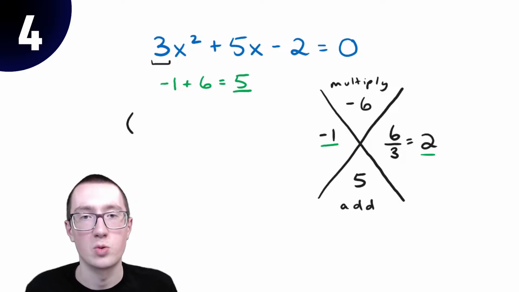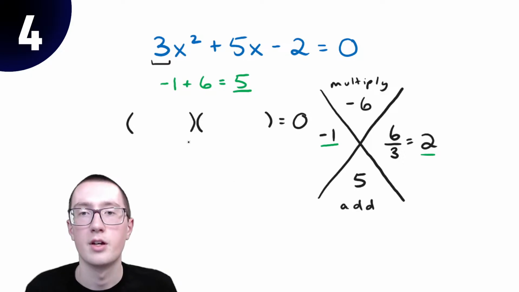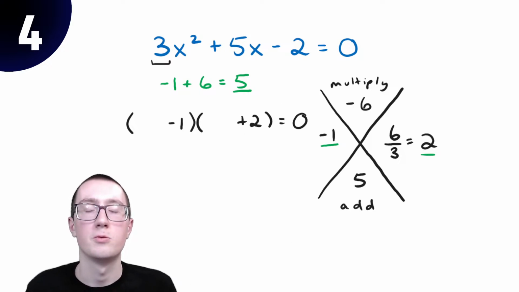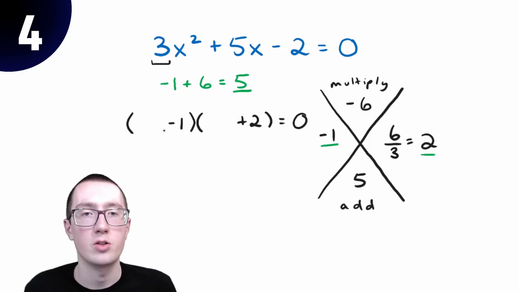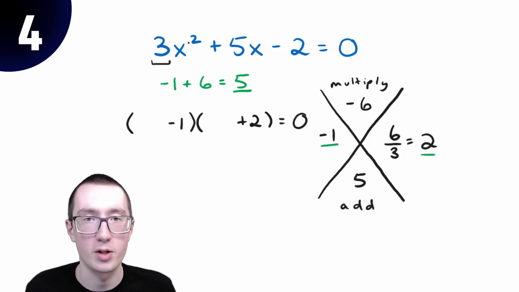So we're going to set up our parentheses, and we're going to put our numbers, -1 and +2. Let me make this a little better. There we go. So here's the important part. You can't just slap an x in both of these. You have to put 3x on one of them, because we have a 3x squared here.